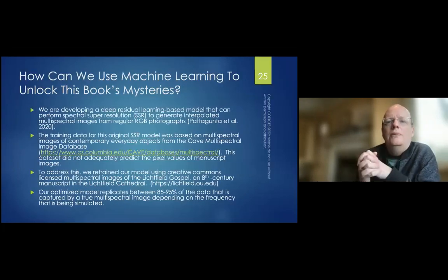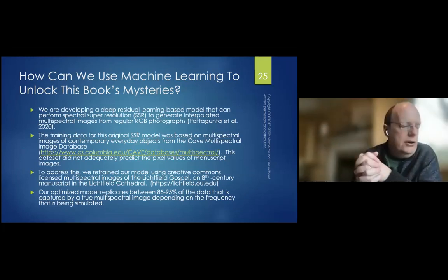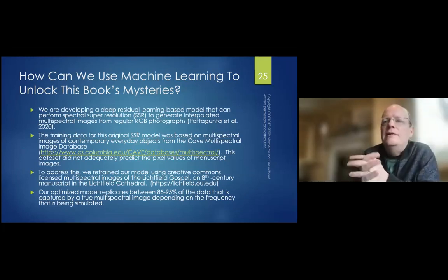Okay, so that's the book, what we found, what we're doing with it. Now the last bit of this is to talk about the current research that we're doing. The current work is to say, what if we could get enough data out of an RGB image to do the same sort of work we were doing with that hyperspectral stack?